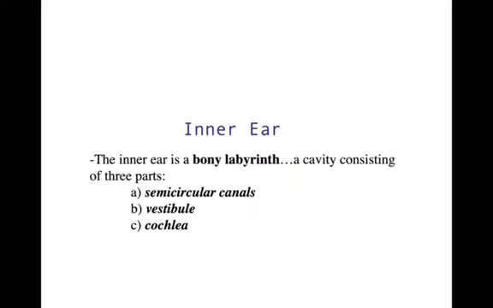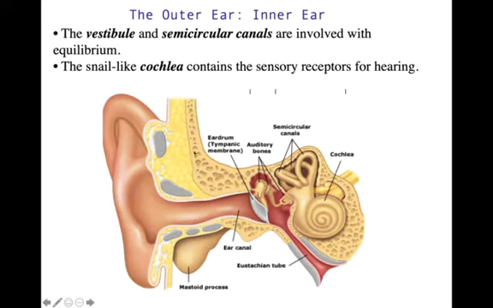Very much like a cave carved into a mountainside, the inner ear is carved into your temporal bone. So it's a series of cavities, a cavity consisting of 3 parts: semicircular canals, vestibule, and something called the cochlea.